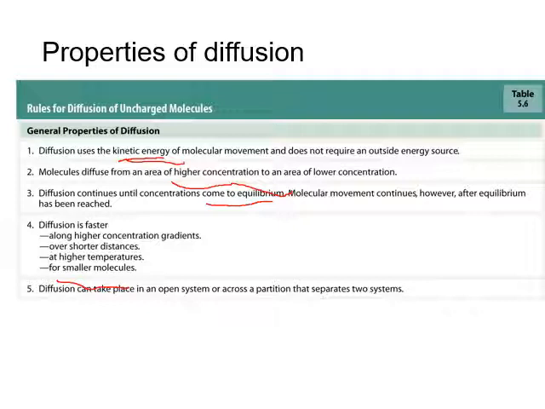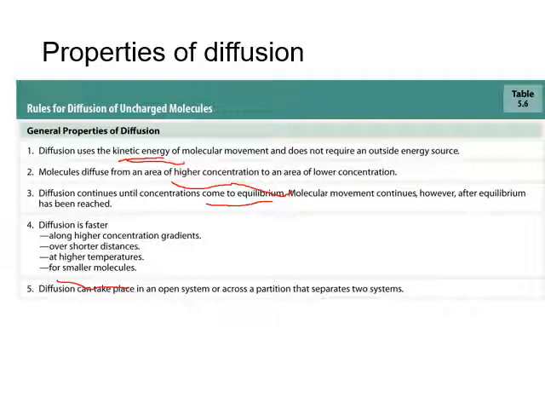You kind of saw that in your lab. You saw the methylene blue, which is much heavier, much bigger than the potassium permanganate. Potassium permanganate diffused much faster because it is a smaller molecule.